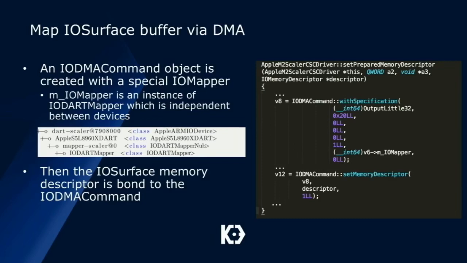Using a very basic iOS utility called ioreg, you can find the mapper instance for the scaler DART. And then the IOSurface memory descriptor will be bound to the IODMACommand.